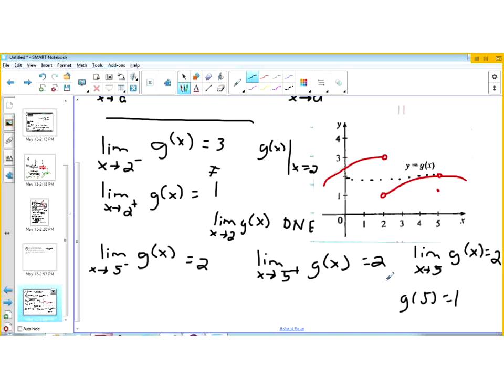Another topic I want to deal with respect to limits would be the notion of infinite limits. So let's talk about infinite limits.